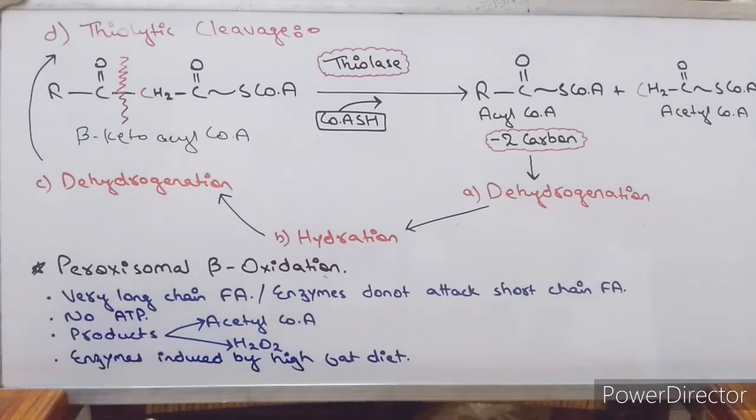It would be converted into succinyl coenzyme A, and this succinyl coenzyme A would enter the Krebs cycle and produce energy. So this was something about mitochondrial beta oxidation.